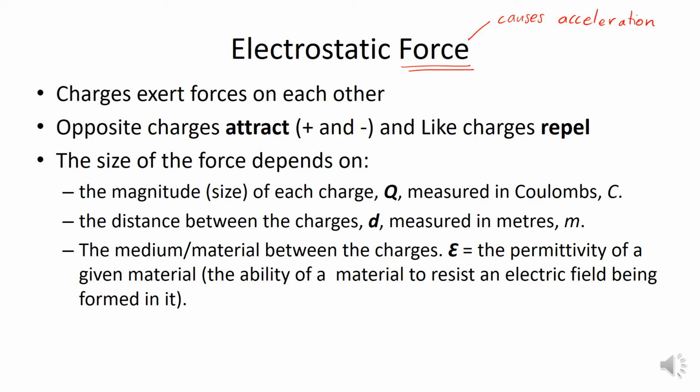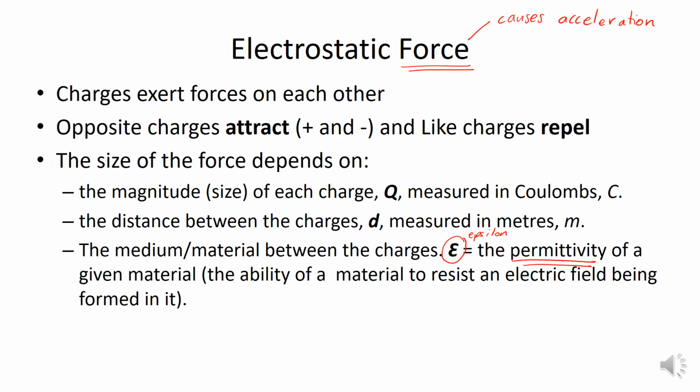Okay, so all of those things, that's called the permittivity. This funny letter, it's called epsilon, is the name of the letter, and it's the permittivity of a given material. And what permittivity means is the ability of a material to resist an electric field being formed in it. Okay, we'll talk about electric fields in a little while.